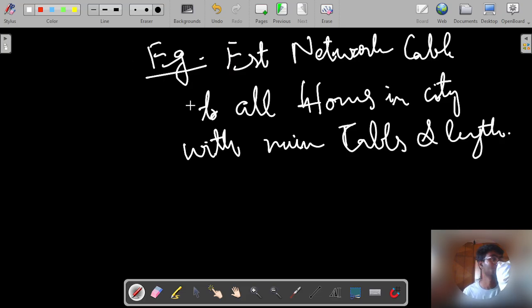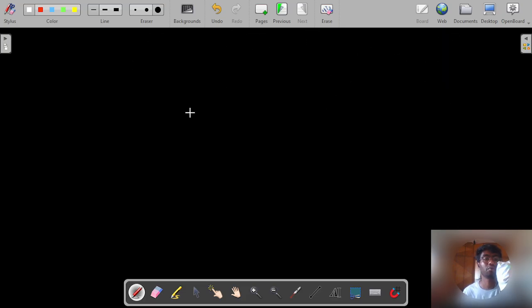So there are two algorithms. Prim's algorithm is one that I've already uploaded in common algorithm playlist. I will just talk about it. So it also has an implementation of priority queue where each element is going to be checked with minimum value, minimum edge, and all of the edges would be explored.